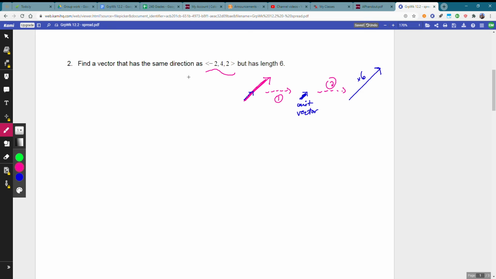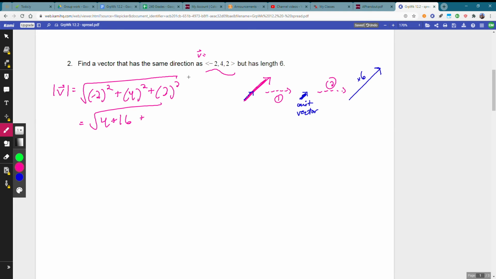What we've got to do is just scale that vector by its size. All right, and so let me just give this vector the name v. So the size of v, using our formula, the generalized Pythagorean theorem, is the square root of (-2) squared plus 4 squared plus 2 squared, which is root of 4 plus 16 plus 4, which is root 24. Okay.